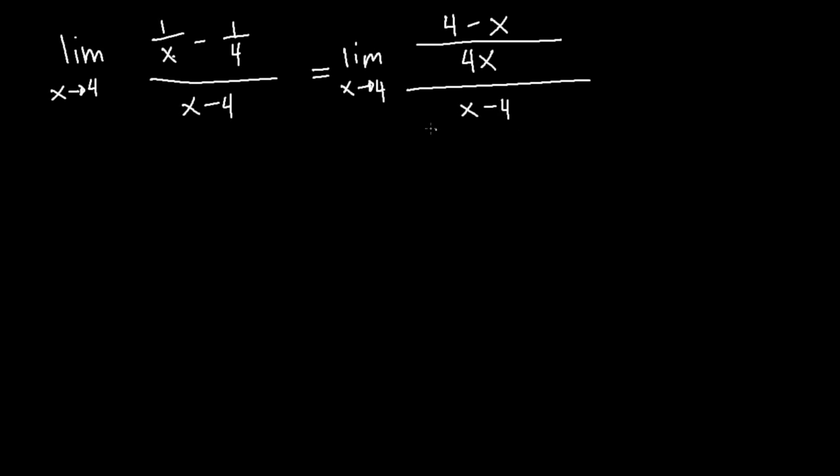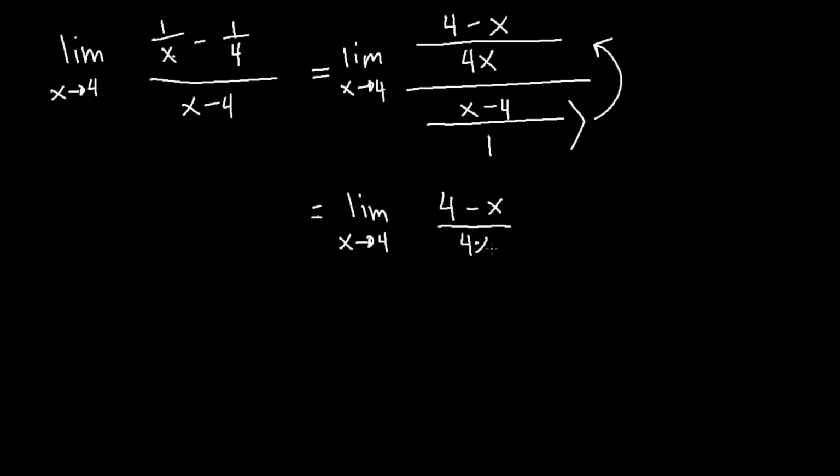So, as you recall sa imong previous lesson, imagine nimo ang invisible nga 1 sa denominator since dili naman na ibutang. So, when we divide fraction, kailangan na to i-consider ang reciprocal. Tapos, i-multiply ang reciprocal sa denominator sa numerator. So, ang mahitabo is 4 minus x over 4x times 1 over x minus 4.